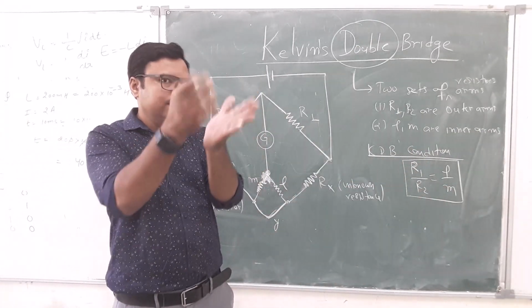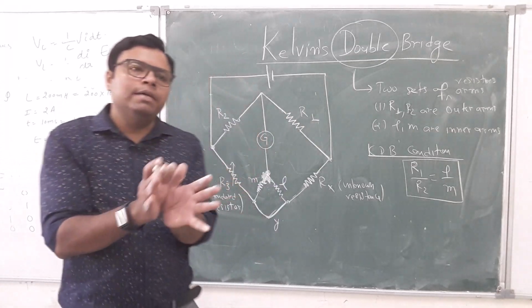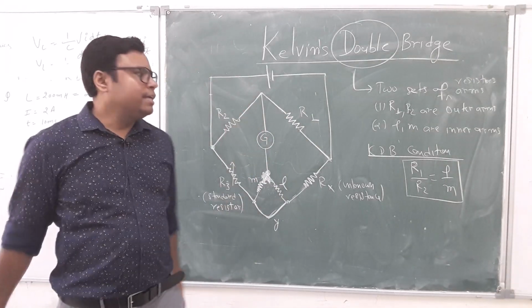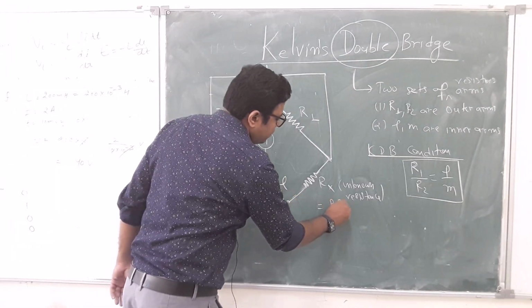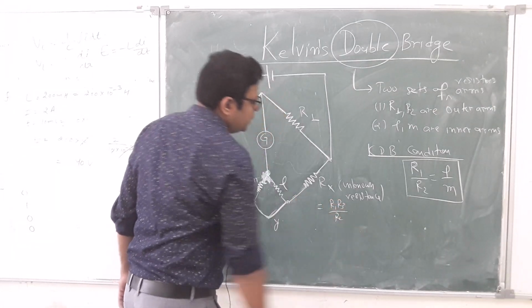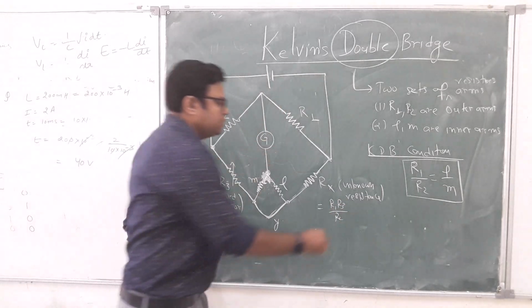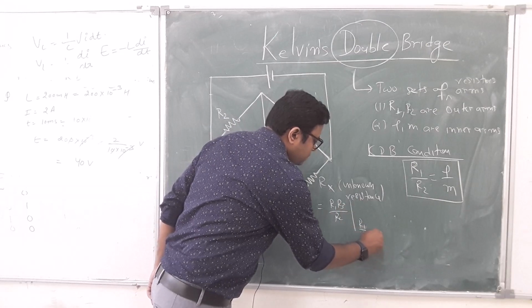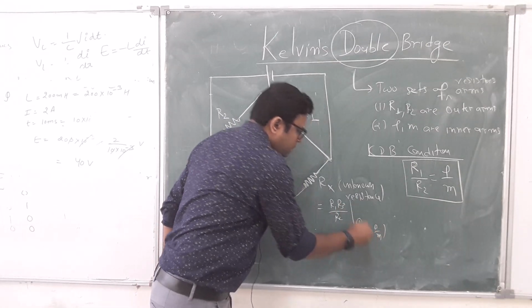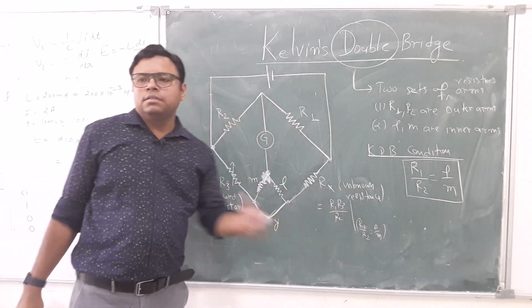If this is the condition, then we can express Rx in terms of this resistor. So under this condition, Rx will be equal to this.